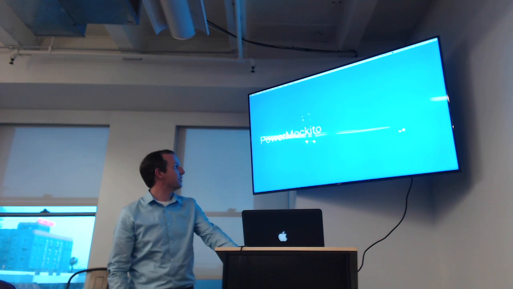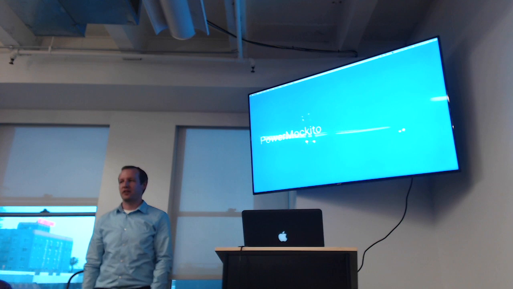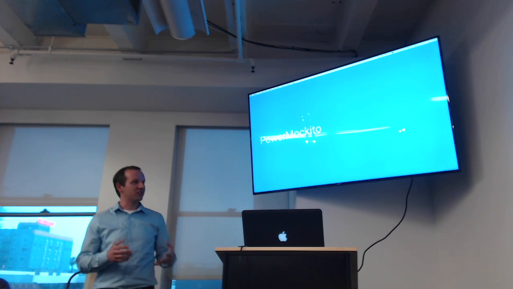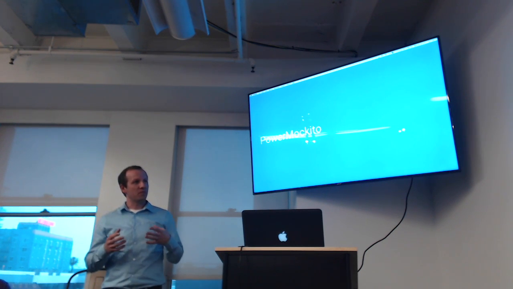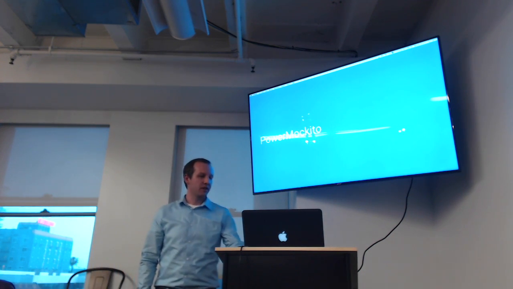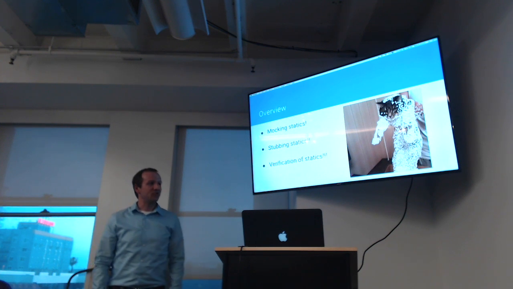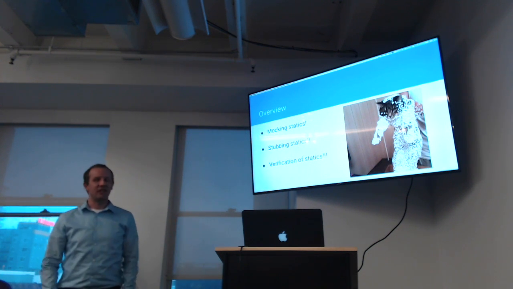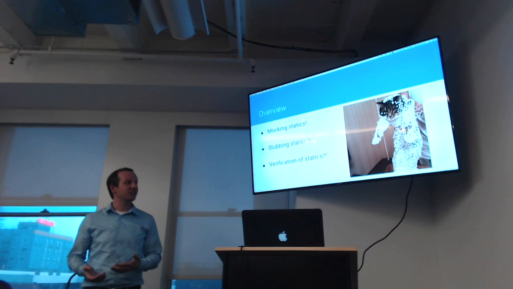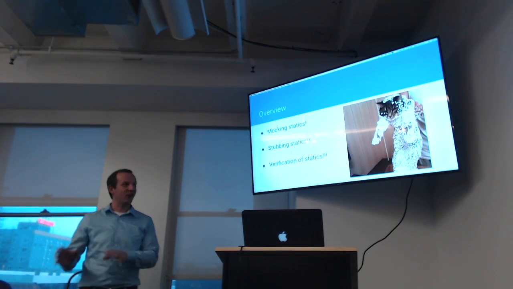So PowerMockito. What does PowerMockito do? It's basically an extension of the Mockito API. A lot of this stuff is designed to be very similar to Mockito, but basically what it does is it helps you deal with this problem of statics. Maybe you have some helper class with a bunch of static utility methods or something, and it's involved in your test, but you don't actually care about that stuff.